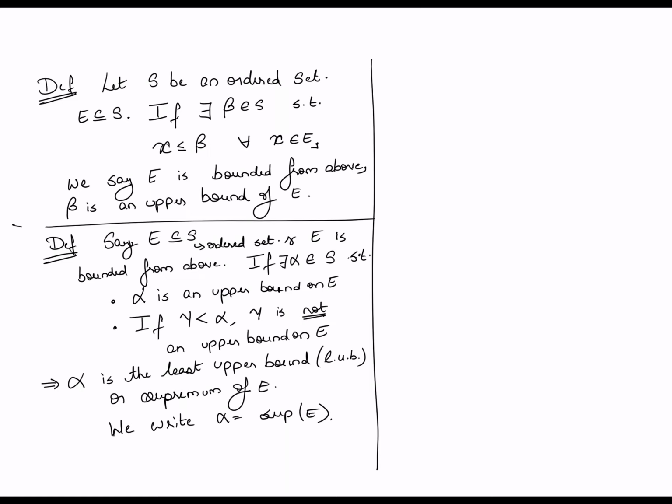The least upper bound, if it exists, of course, is a valid upper bound on the set E with the property that no other element which is less than that number alpha is an upper bound. So in that sense, it is the least upper bound. And again, if such a thing exists, it is also called the supremum, and we say alpha is equal to sup E. Some of you have probably already encountered the sup notation in the context of real numbers, but this is just a more general definition of the sup in the context of an abstract ordered set.